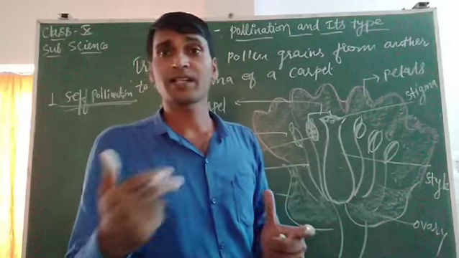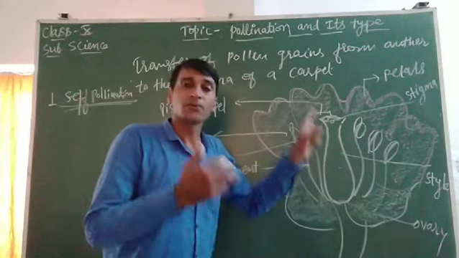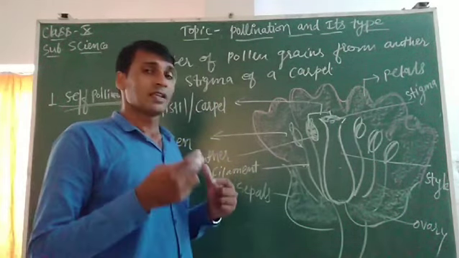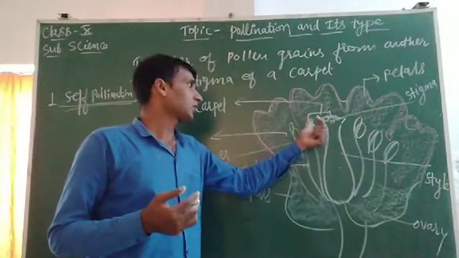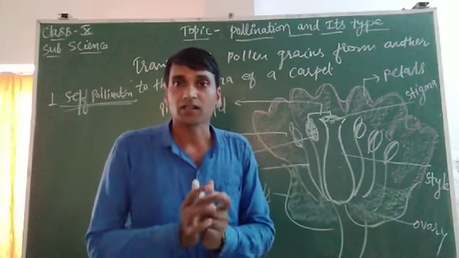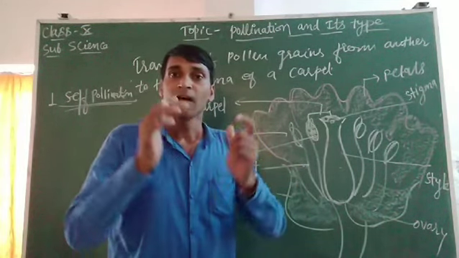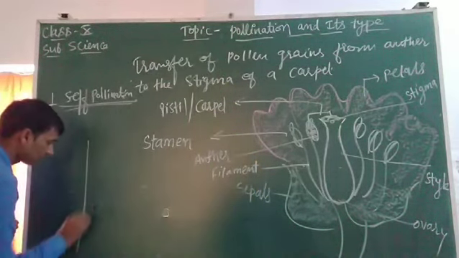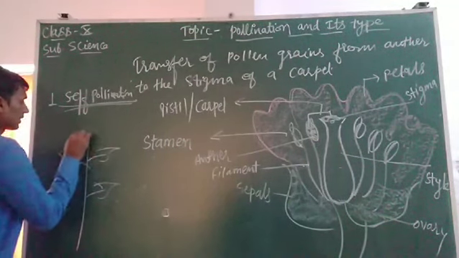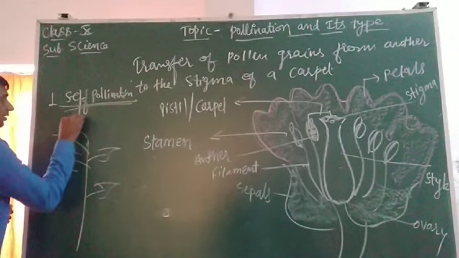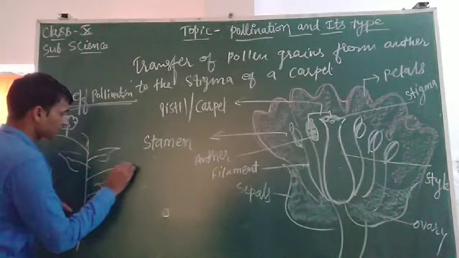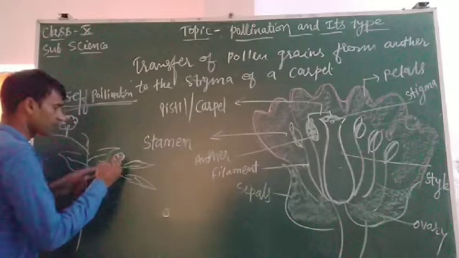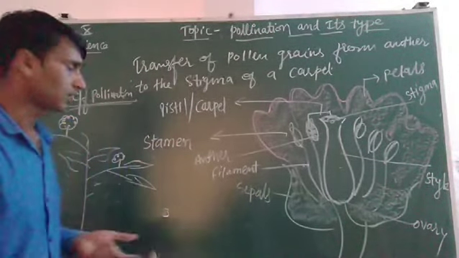Transfer to another flower of the same plant, or transfer within the same flower, we call self pollination. Self pollination can again be defined as the pollination in which pollen grains are transferred from the anther to the stigma of a carpel in the same flower of a plant, or other flowers of the same plant. There must be one plant, for example a particular plant, and there are so many flowers in a particular plant.